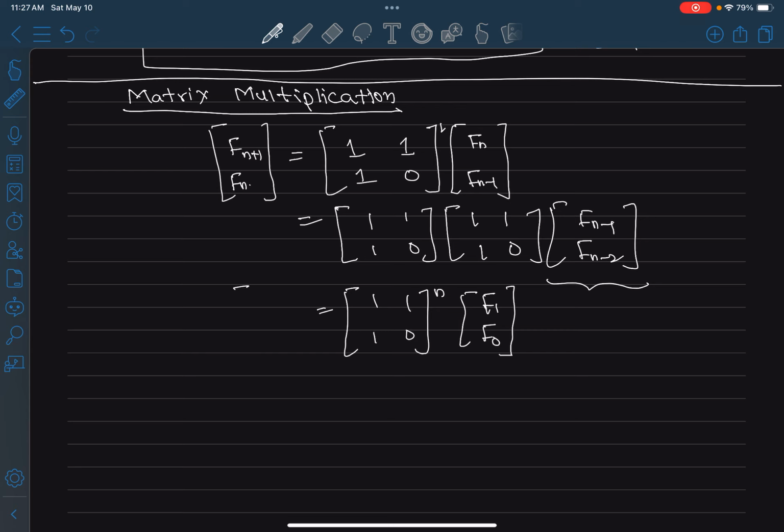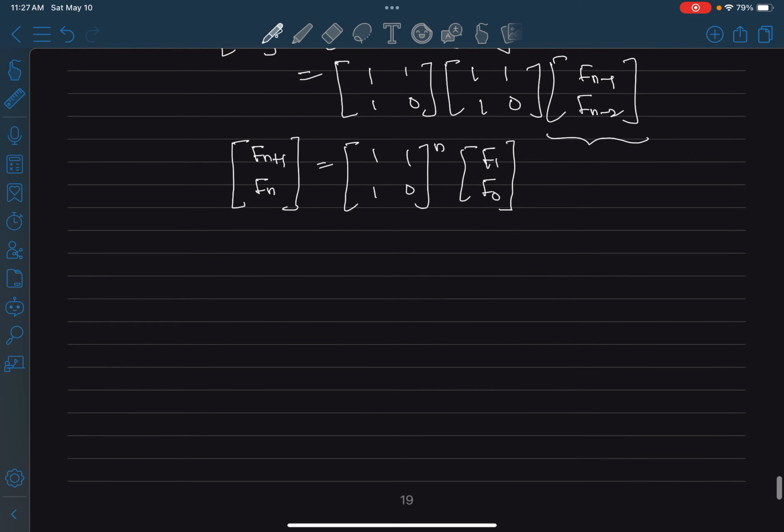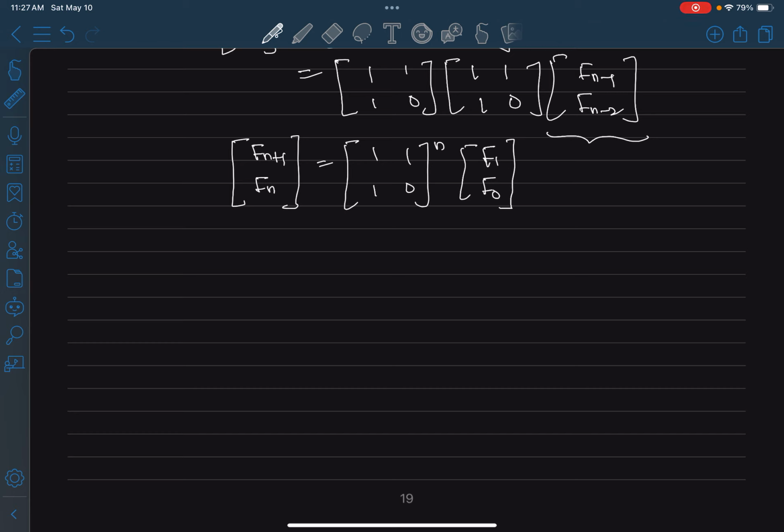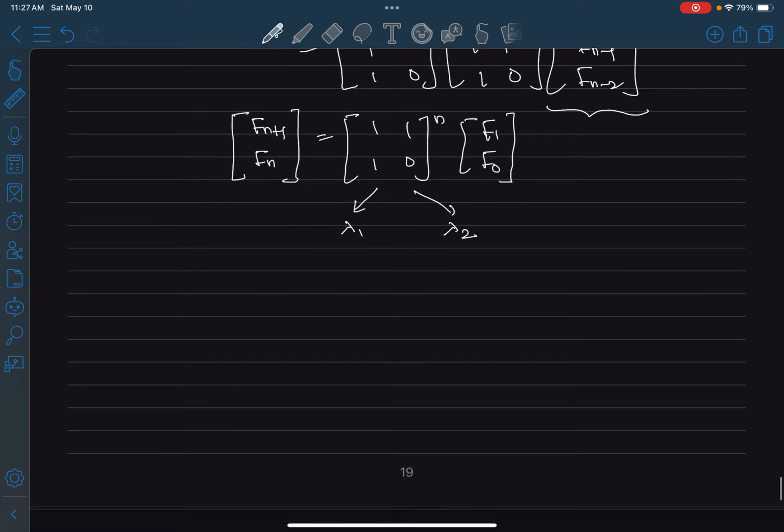Okay, so now we have established this relation, right? The fact that we can find the nth power of a matrix will help us solve this. To find the nth power of the matrix, we know how to do it, right? We first find its eigenvalues, lambda 1 and lambda 2, and the corresponding eigenvectors b1 and b2.